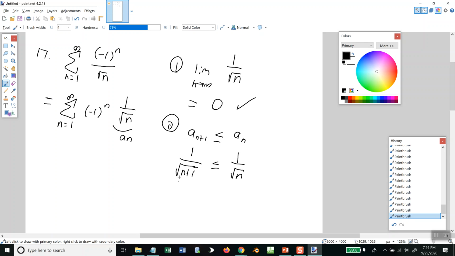And if I think about it, even though the square roots are here, it really doesn't mean anything. Because if I were to put in a number, 9 plus 1 gives me 10, and this would be a 9. So this is going to be what? Smaller. Yeah, square root doesn't really affect that. So since both of those are true, it converges.